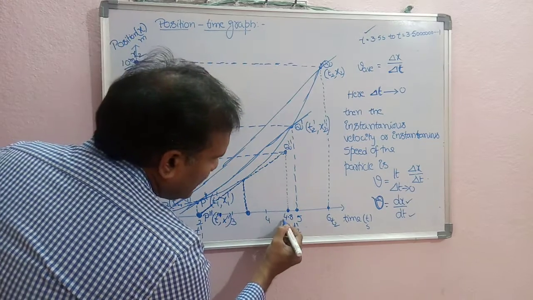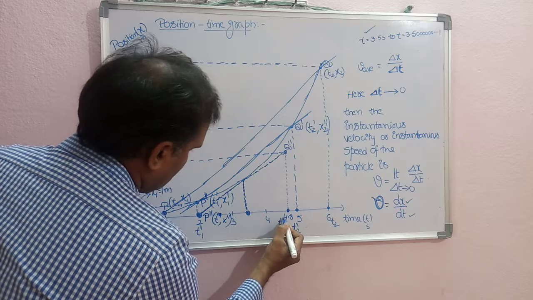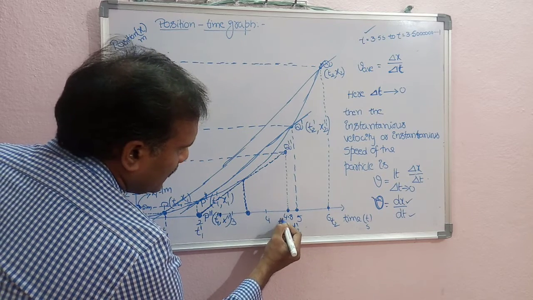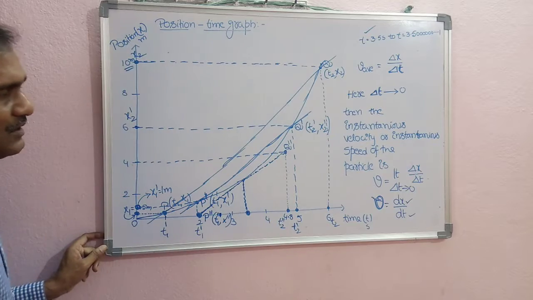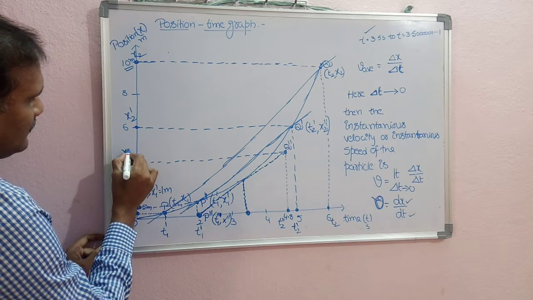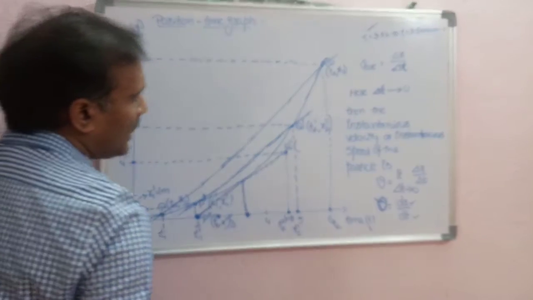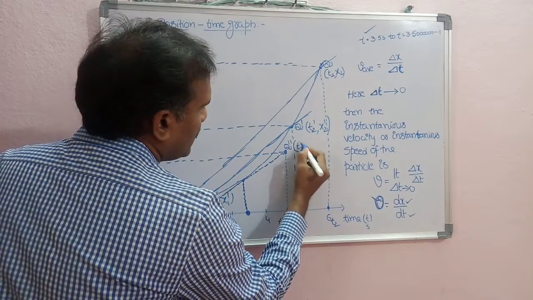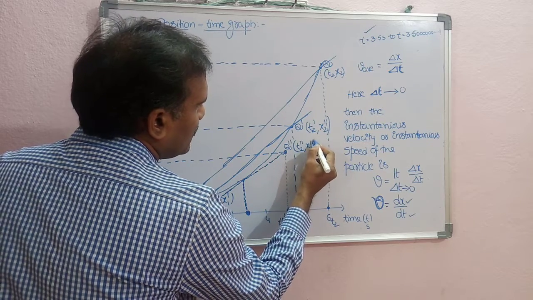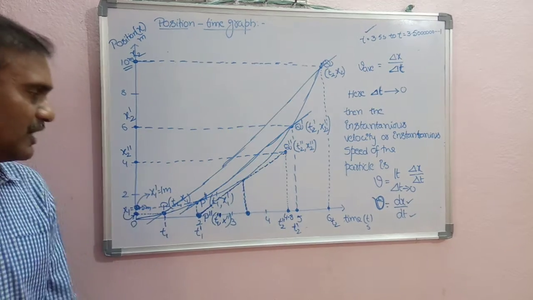Okay, this 4.8 is taken as t1 double dash, it is t2 double dash, and this is taken as x2 double dash. Therefore, coordinates of q double dash are t2 double dash comma x2 double dash.